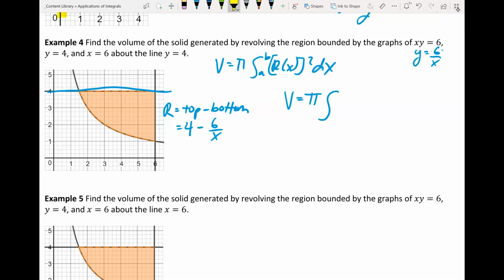So our most left is going to be, looks like, 1.5, and the highest x value is going to be 6. So we're going from 1.5 to 6 of 4 minus 6 over x all squared dx. Again, put this into your graphing calculator so you can find the integral. This is 73.695.